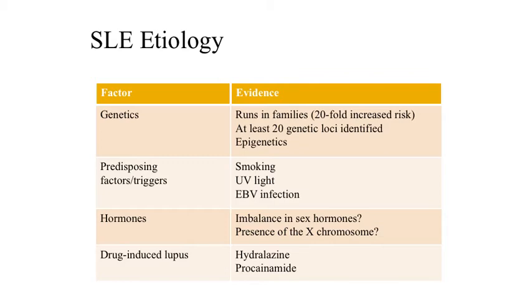In terms of genetics, it is known that lupus runs in families, and specifically, if a first-degree relative has lupus, you have a 20-fold increased chance of developing lupus yourself. The genetic susceptibility is multifactorial, and at least 20 different genetic loci have been identified, as well as epigenetic changes that contribute to the development of lupus.